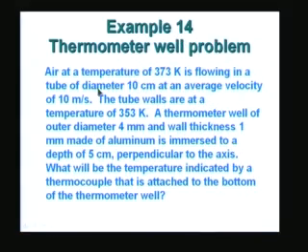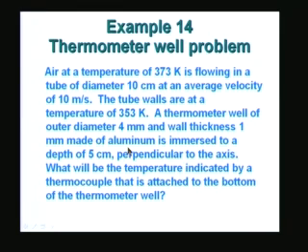So, we have air at a temperature of 373 Kelvin flowing in a tube of diameter 10 centimeters, and its average velocity is measured, and it is equal to 10 meter per second, and the tube walls are at a slightly lower temperature, in this case 353 Kelvin, and a thermometer well whose outer diameter is 4 millimeter and whose wall thickness is 1 millimeter and made of aluminum.